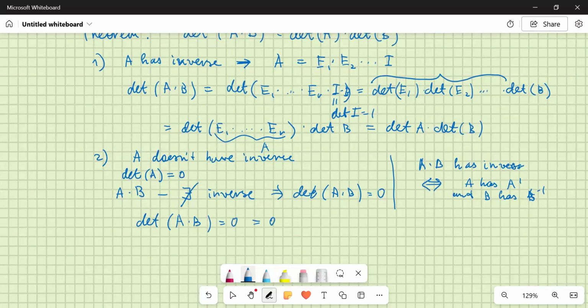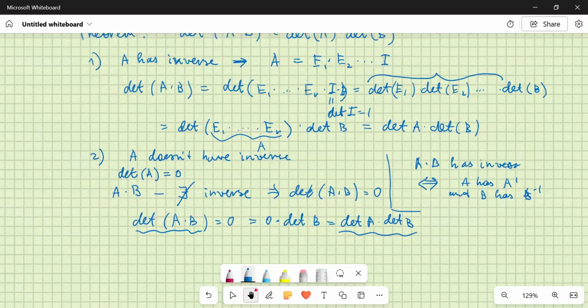We can always represent it as 0 by the determinant of B. We don't know if B has an inverse or not, whether its determinant is not equal to 0, but now this 0 can be considered as the determinant of A, because it does not have an inverse, by the determinant of B. And you see that the formula is still going to work, though it's formally equal to 0. So guys, we proved our theorem.